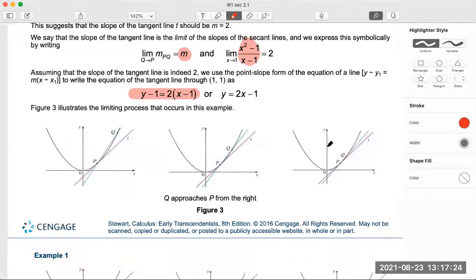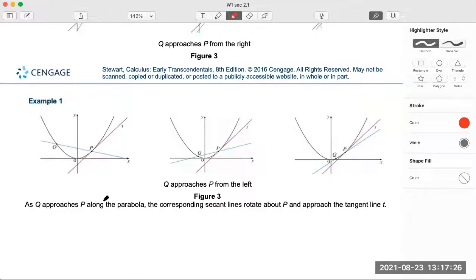However, if Q passes P and goes to the left-hand side, this line is no longer the tangent line in the middle, but it is a secant line because it cuts the curve at 2 points. Okay? For example, this guy, and this guy.